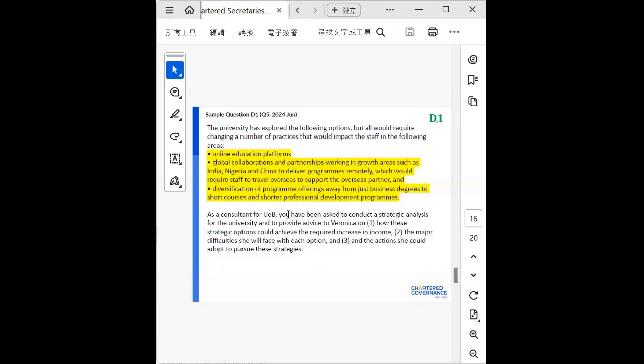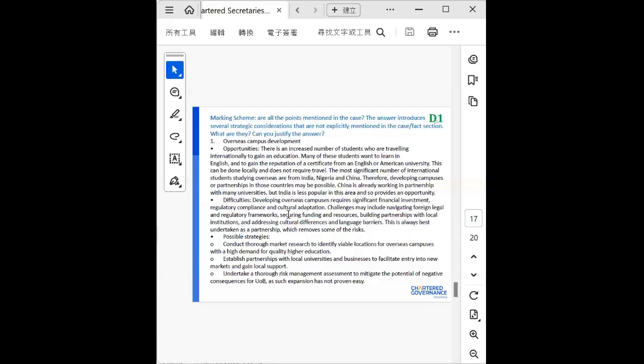If you look at the marking scheme, which is here, they discuss the options, then the difficulties, and how you overcome them, the strategy.